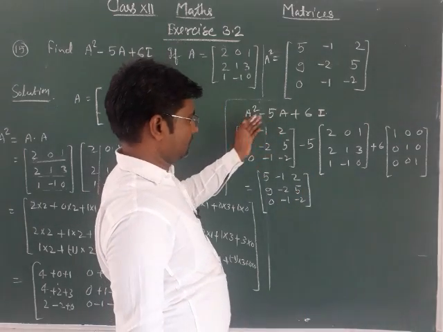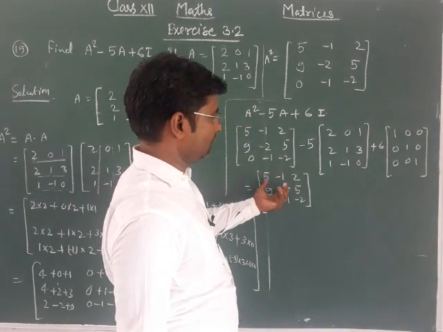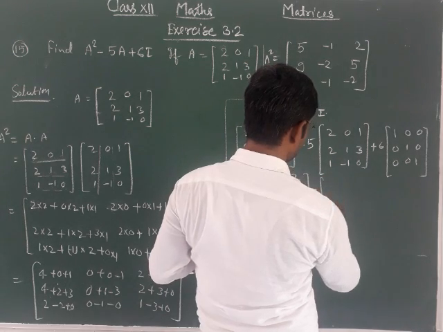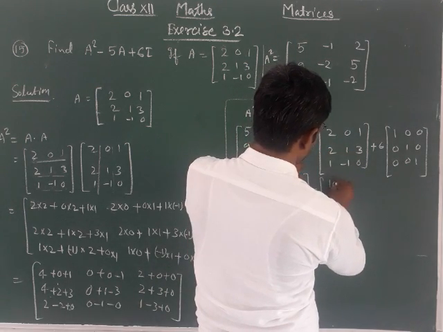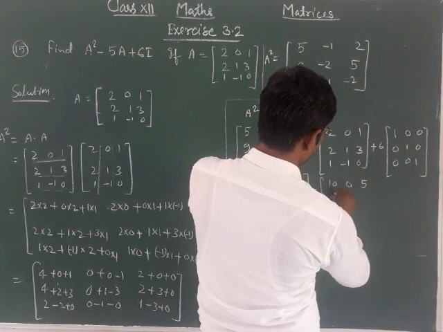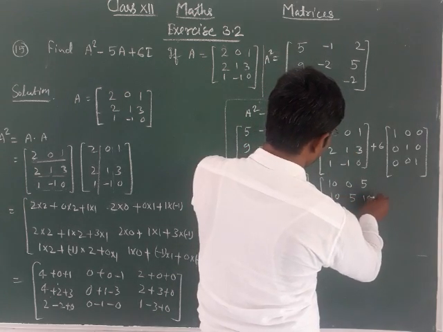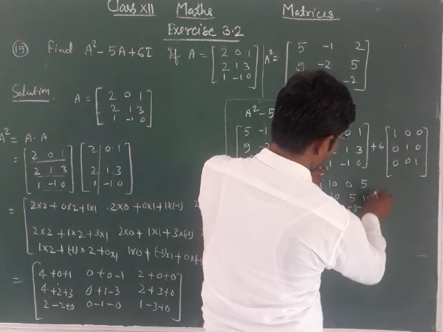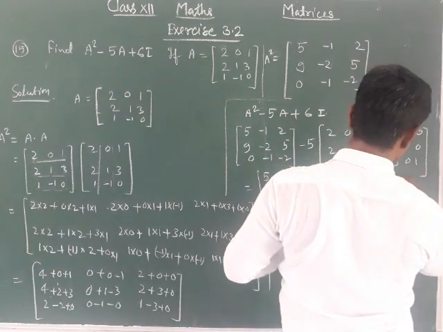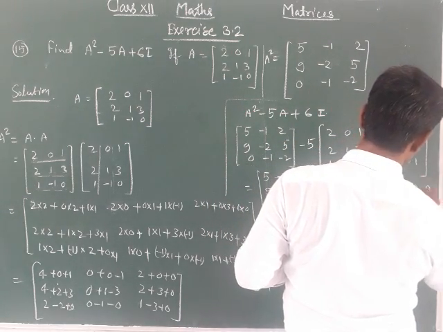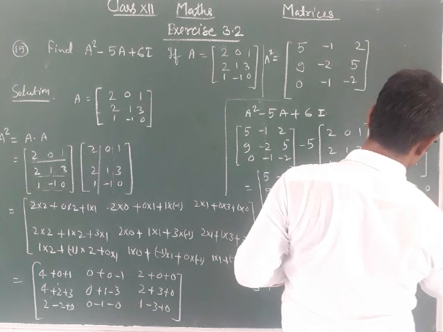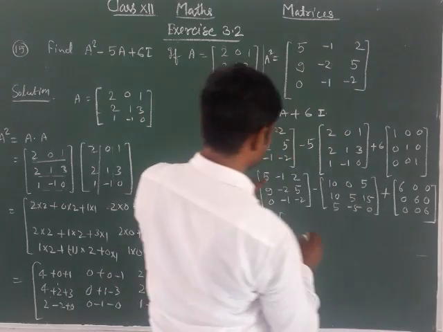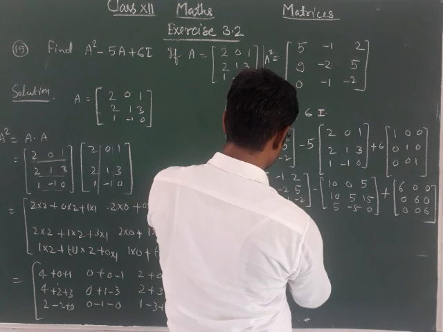So this matrix is A squared, and minus 5 multiplied by each element of A gives minus 10, 0, 5, 10, 5, 15, and 5, minus 5, 0, plus 6, 0, 0, 0, 6, 0, 0, 0, 6. Now the complete matrix.